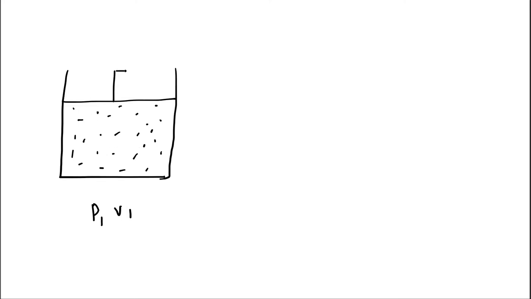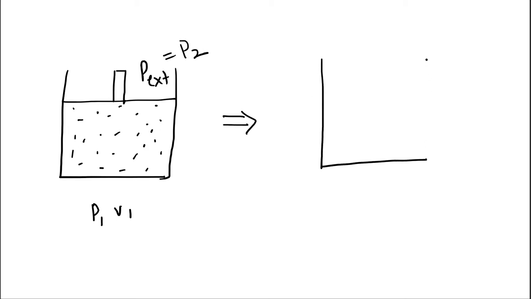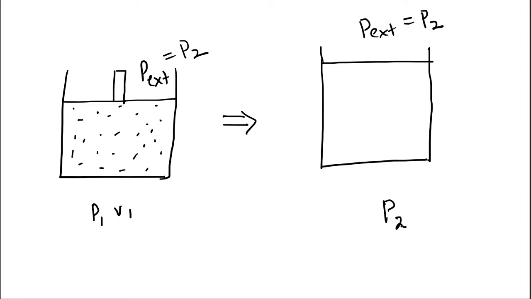Let's say we have some external pressure, and that external pressure is equal to P2. So how long does that expansion happen? Till the inside pressure is equal to the external pressure. We already know external pressure is P2. Therefore now internal pressure becomes P2 and the volume becomes V2. So this is the new state of the system.